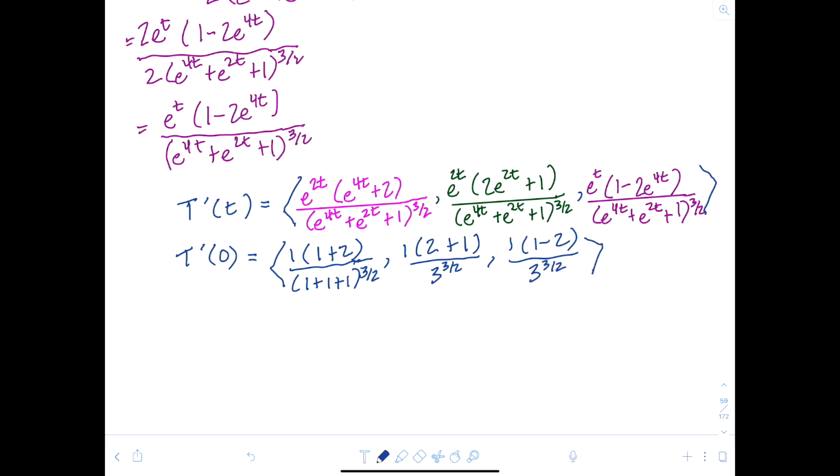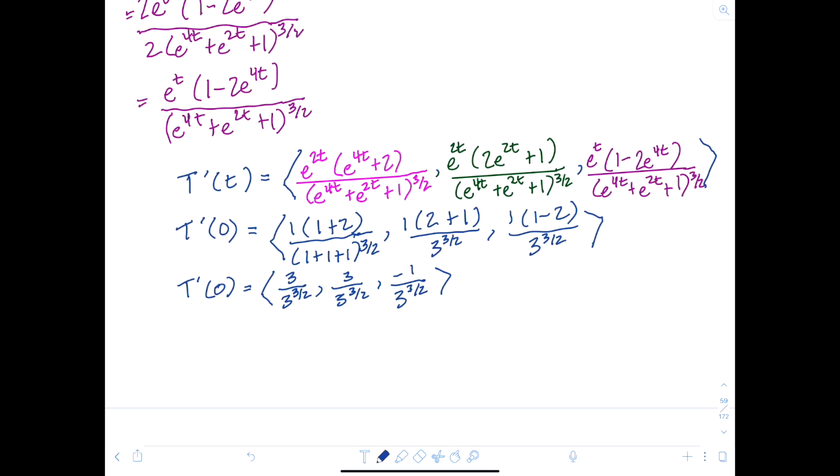Cool so far? So T prime at 0 will be equal to 3 over 3 to the 3 halves, comma, 3 over 3 to the 3 halves, comma, negative 1 over 3 to the 3 halves.